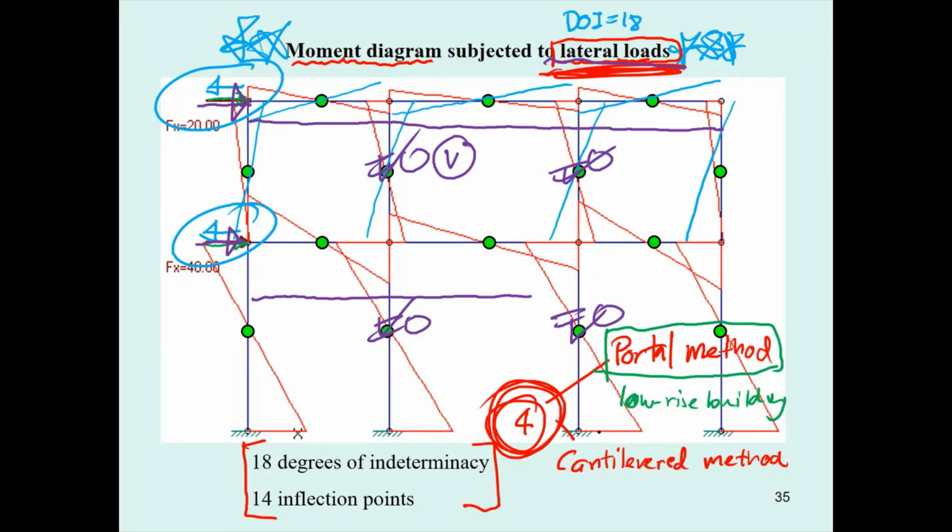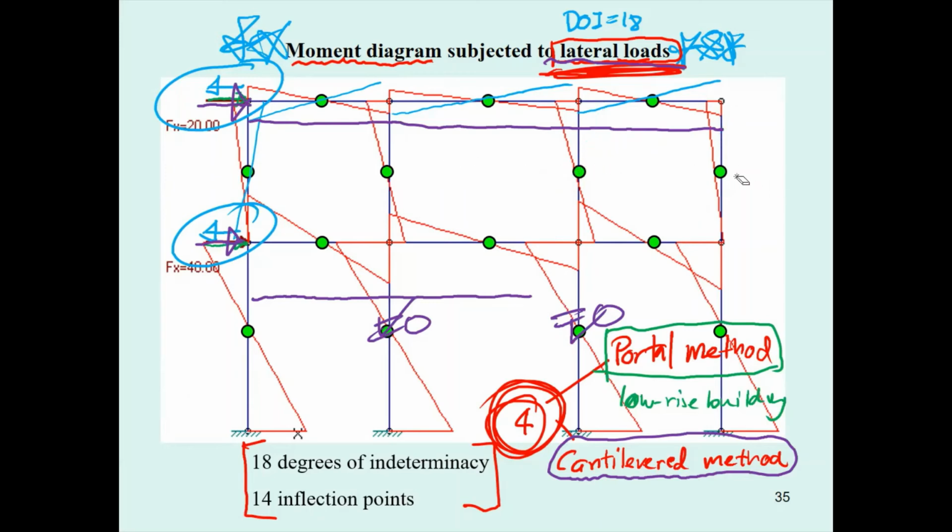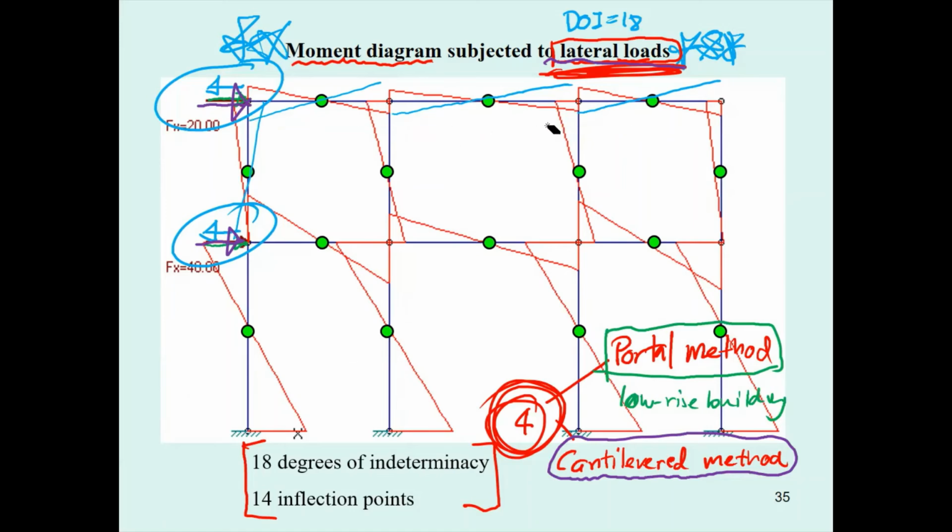But for the cantilever method, the textbook says this one is good for high-rise buildings. In this one, the assumption is that the axial force that occurs in the columns will be distributed based upon the length measured from the centroid of the column cross section.